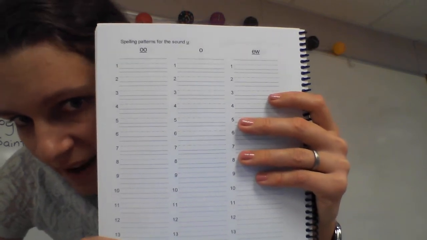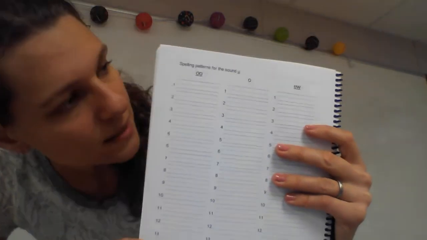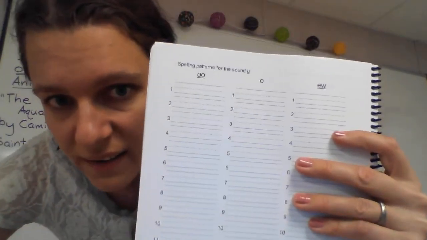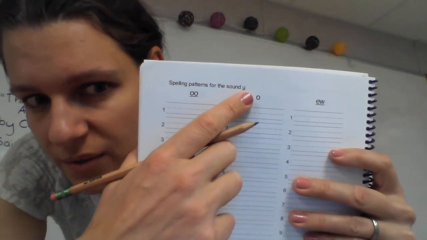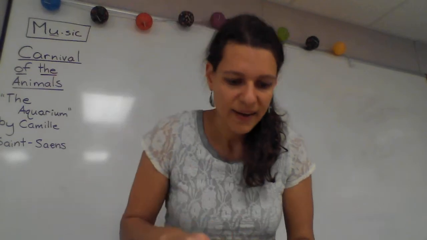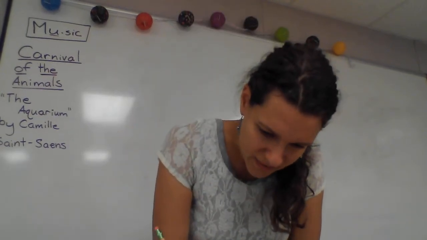These pages in the back are some of my favorites because it's just such a lovely way to organize our different words. So at the top it says spelling patterns for the sound oo. And what I'd like you to do, since it's the oo sound, I'm going to put a little 3 on top of that because it's not the u sound, these are our different oos.